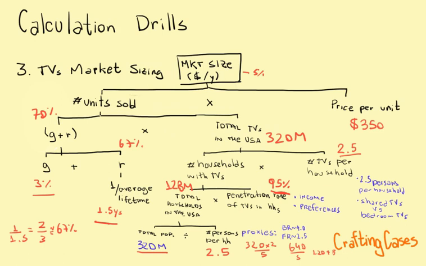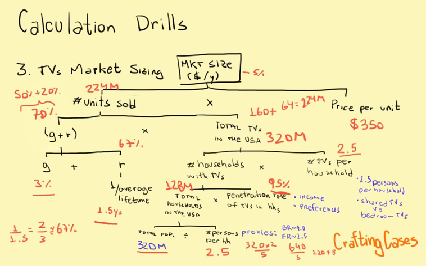I want to turn 70% into 50% plus 20%. Well, half of this is 160. 10% of this is 32, so 20% is 64. 64 brings us to 224 million units sold.